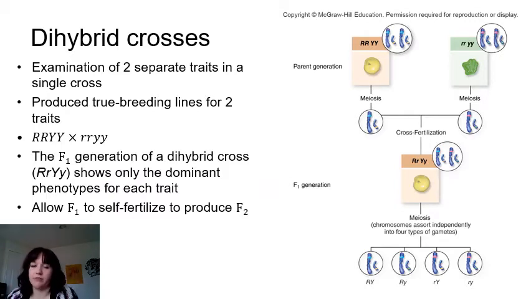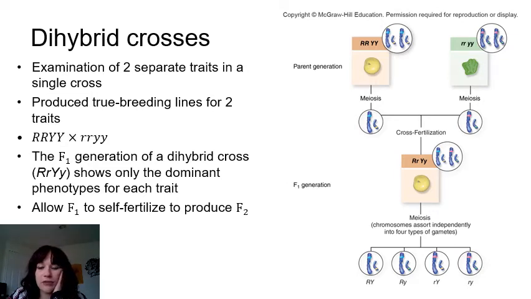Let's look at this in a real example. So again, we're examining 2 separate traits in a cross. In this example, we're looking at seed color and texture. So we have seed color, yellow or green are the options, and yellow is the dominant trait, capital Y. Green is the recessive trait, lowercase y.